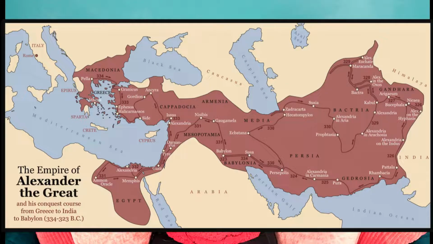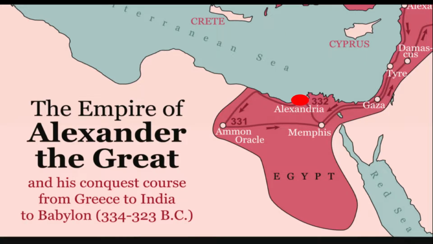Before he died, he established a port called Alexandria in Egypt. At this port, he had a library, and when ships would come in to trade and do commerce with Egypt, they would ask the people on the ship if they had any books. And if they had any books, they would take the books.